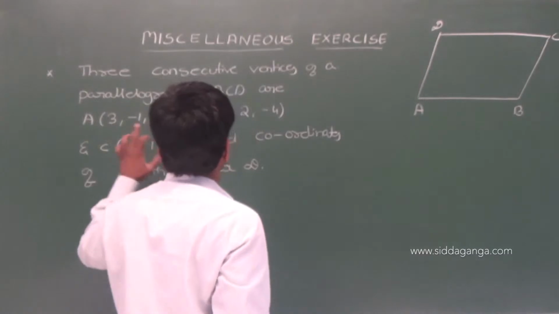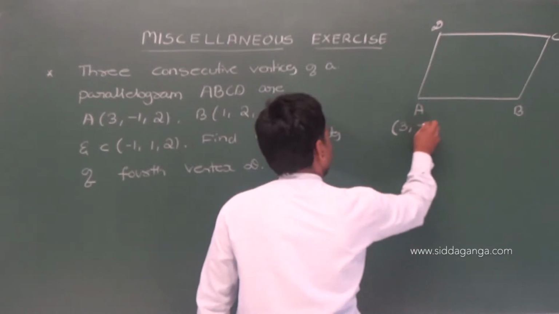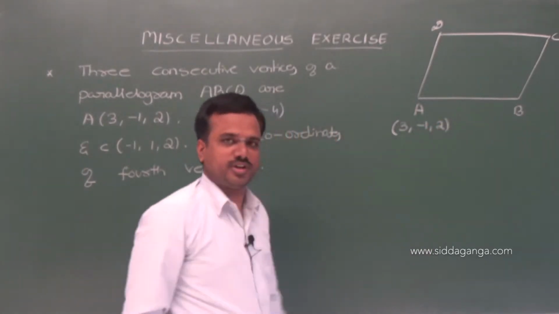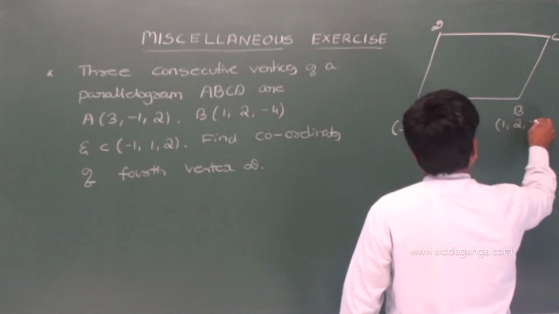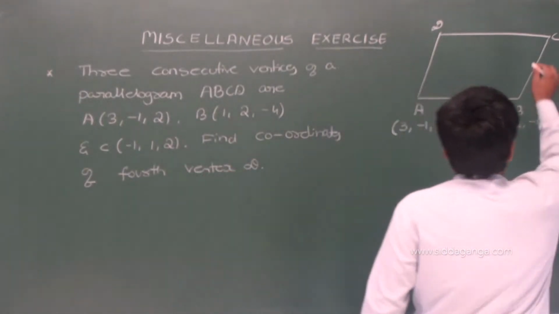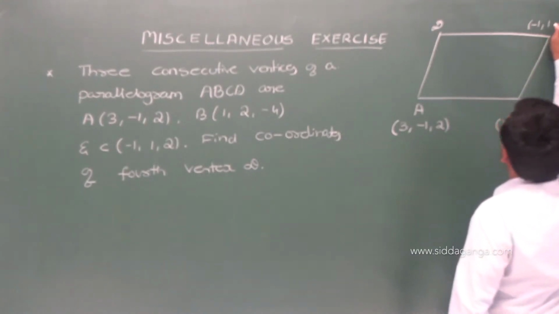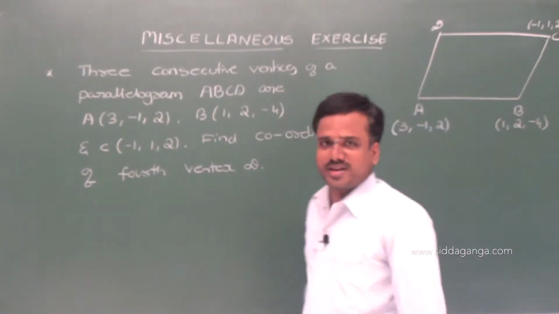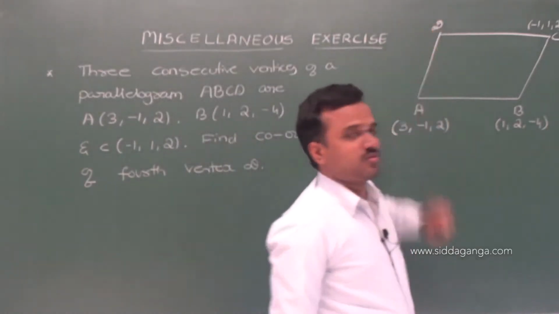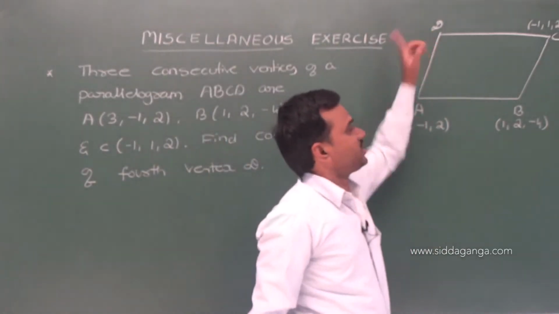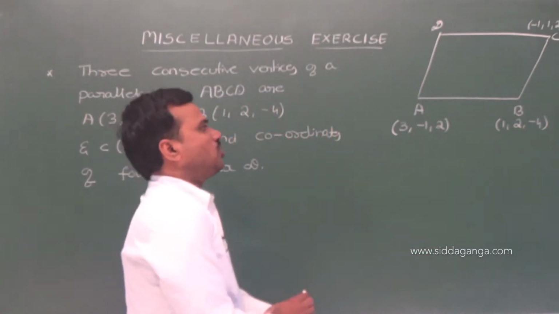A is 3 minus 1 2, B is 1 2 minus 4, and C is minus 1 1 2. What he asked is the coordinates of the fourth vertex D. How to solve this one?